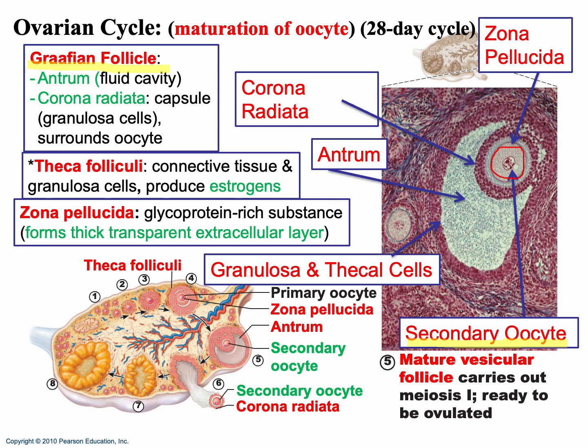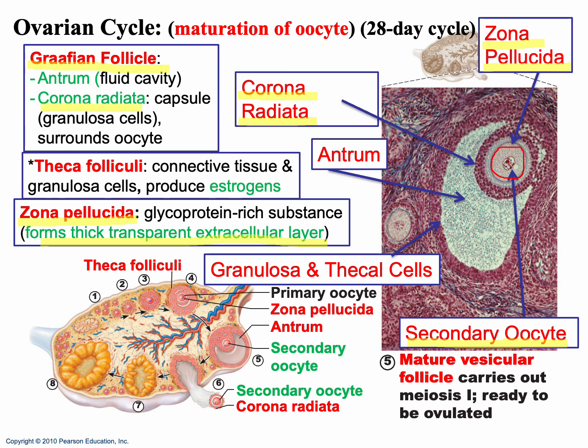And then surrounding the egg, we have a structure known as the zona pellucida. So the zona pellucida, it's a glycoprotein-rich substance and forms a very thick, transparent extracellular layer of protection around the egg. You also have a structure known as the corona radiata.